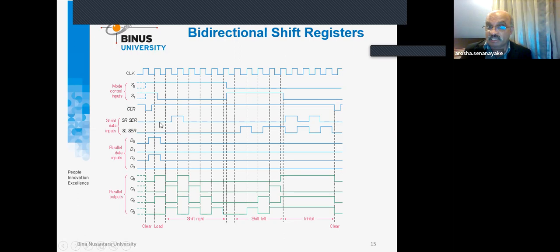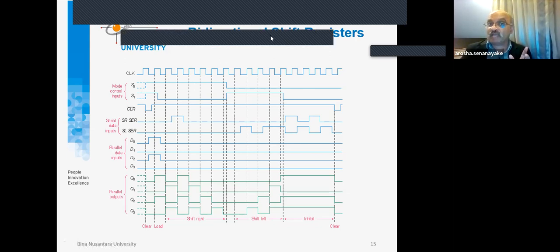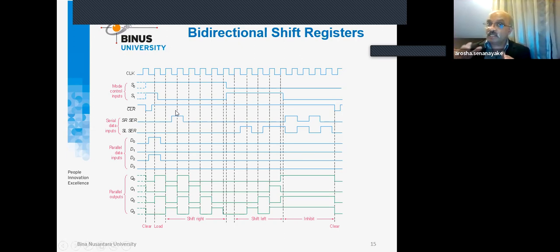Similarly, for shift right, both pins are activated in one. Not like what we have seen previously, with load and shift: one pin, where load is bar and shift is high.